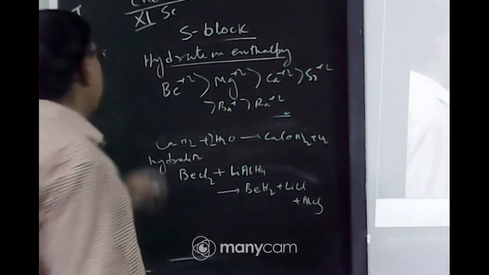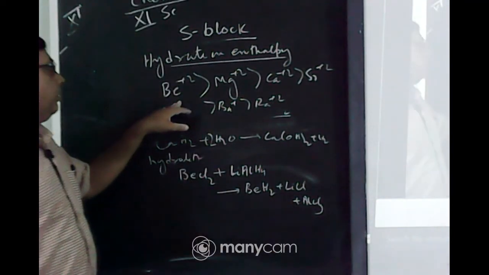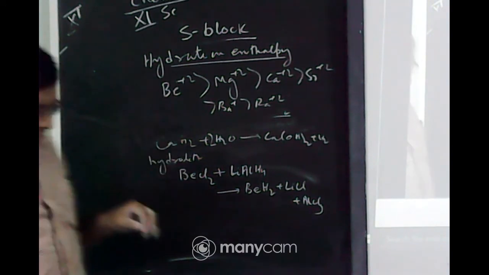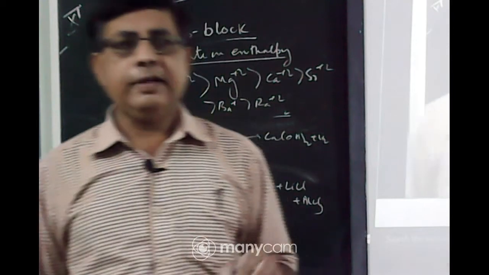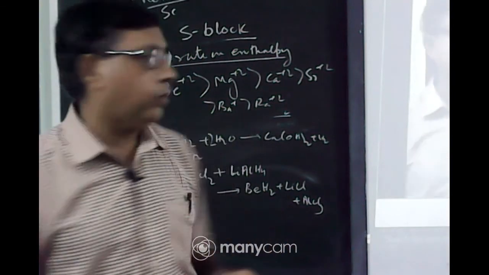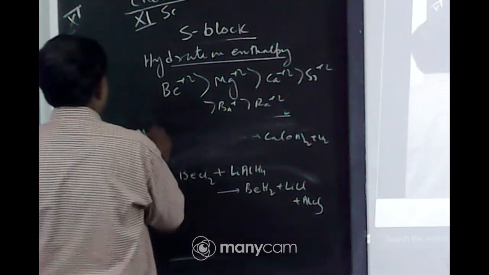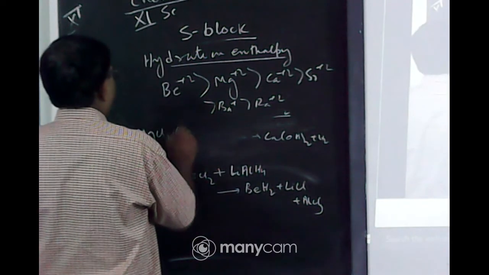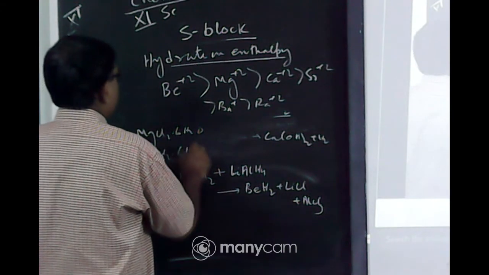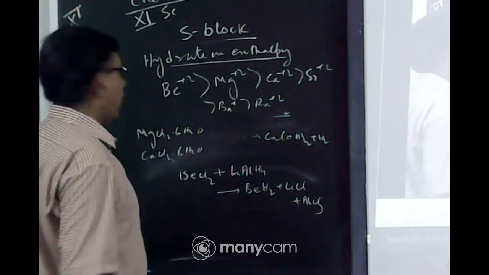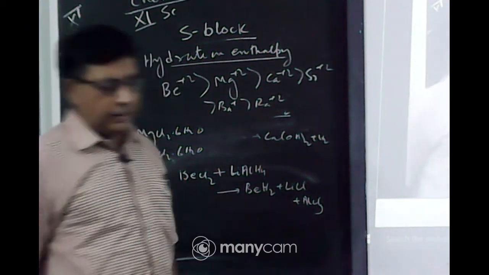Beryllium, due to very small size and greater charge, is extensively hydrated. For this reason alkali metals cannot form hydrated salts. Sodium chloride and potassium chloride are anhydrous salts, but due to greater hydration energy, magnesium chloride forms hydrated salt with 6 molecules of water, and calcium chloride also has 6 molecules of water. So, the hydration enthalpy of alkaline earth metals is greater than that of alkali metals.